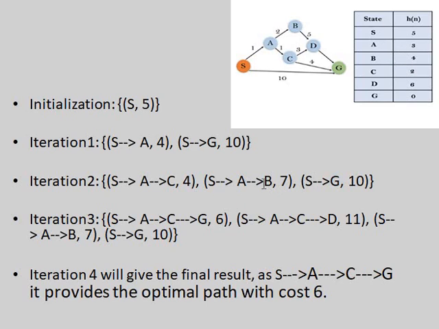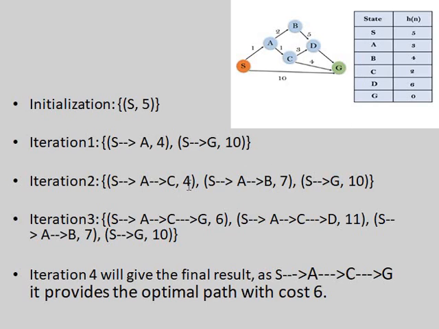So 4 plus 3 is 7. For S to A to C, the value is 1 plus 1, that is 2, and the heuristic value of node C is 2, so that will be 4.